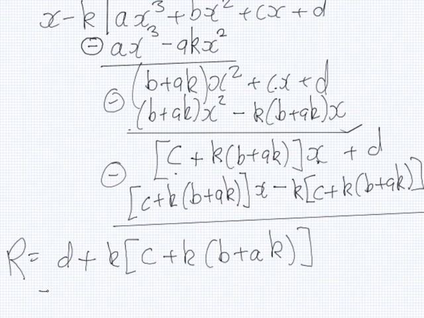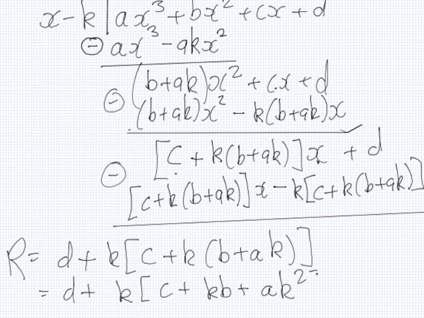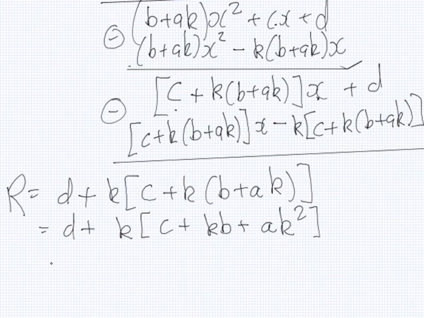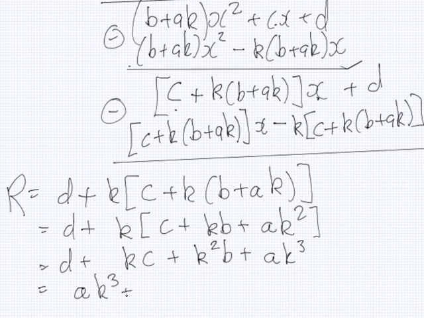So when I multiply, I get d plus k(c plus kb plus ak squared). And I can simplify some more. I get d plus kc plus k squared b plus ak cubed. And if I write it backwards, I get ak cubed plus bk squared plus ck plus d, which is what exactly?